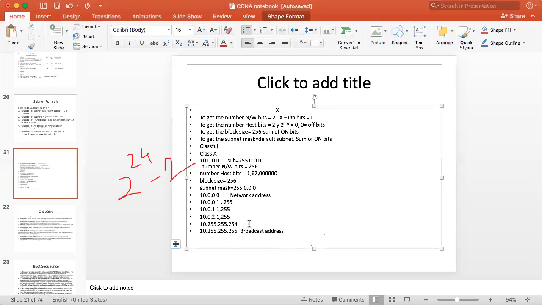Okay. So this was the first address, the first valid IP address, and this is the last valid IP address.